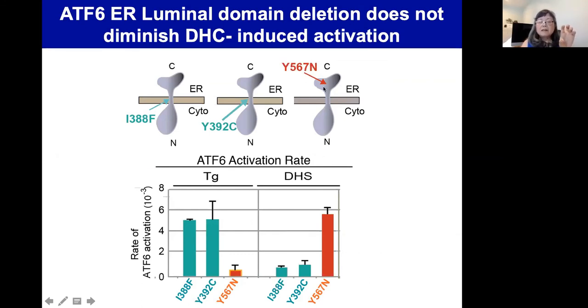But the luminal domain mutant, because it has a wild type transmembrane domain, can still respond to DHS or DHC.